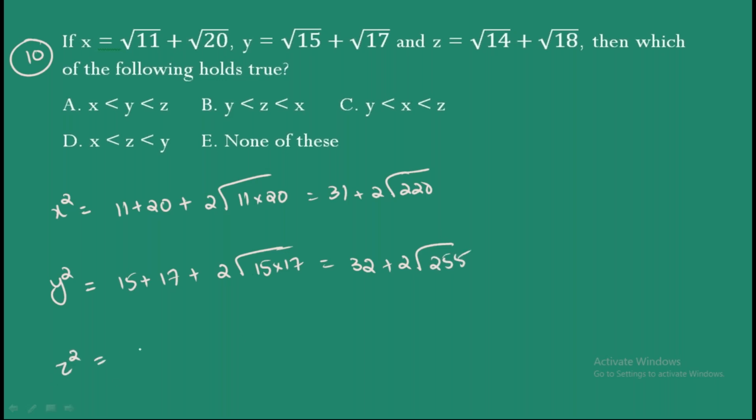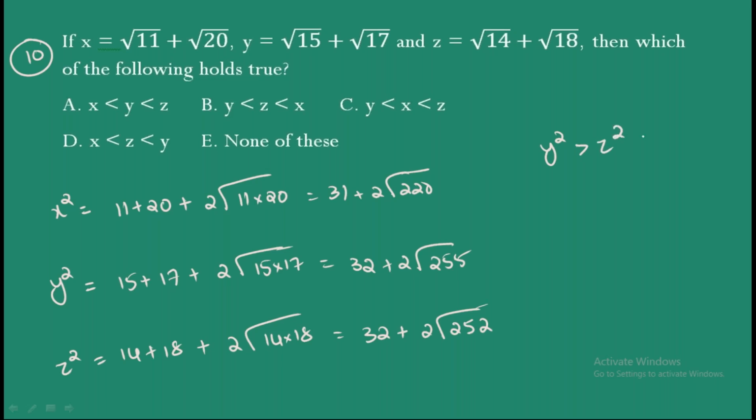Then z square is 14 plus 18 plus 2 root 14 into 18, which is 32 plus, we have to get 280 and 28 removed means it becomes 252. Yeah, 252.